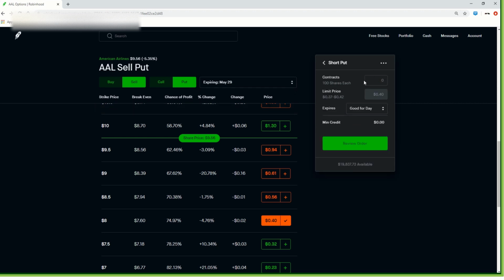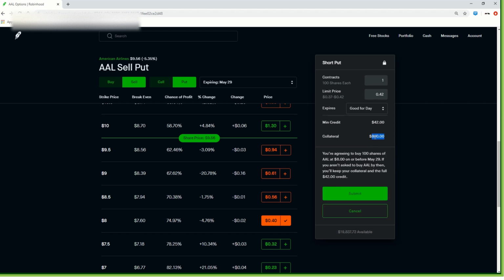As you can see, contracts are 100 shares each. So we'll go ahead and just put one here. So we're looking to sell one contract, and we can put the limit price if we want, but usually it just puts the middle price of what the bid is and the ask is, or we can just go ahead and put our limit price to 42 cents, so we'll get $42 credit minimum, and then we'll go ahead and click review order.